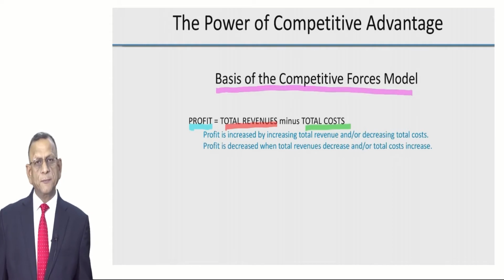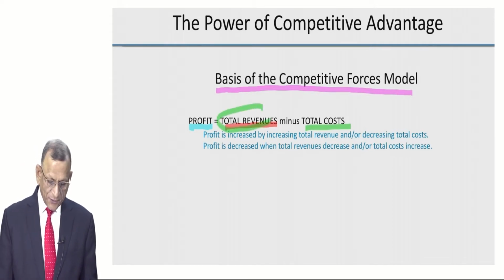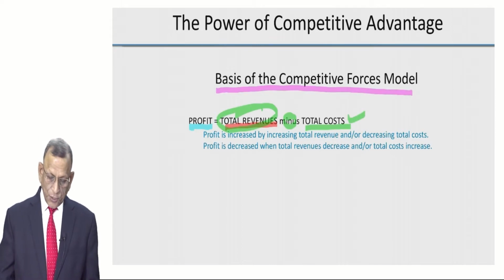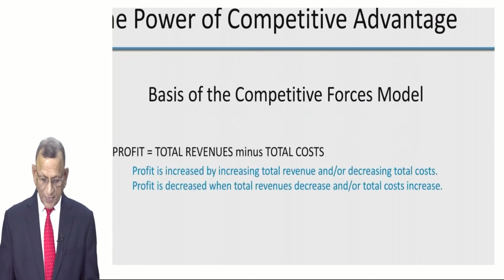From where are you in a position to get the profit? Whatever you have gained from the sales, out of that deduct the total cost. So, profit can be increased. Now, how can we increase the profit?